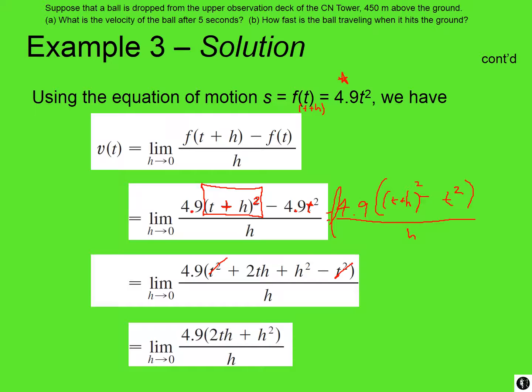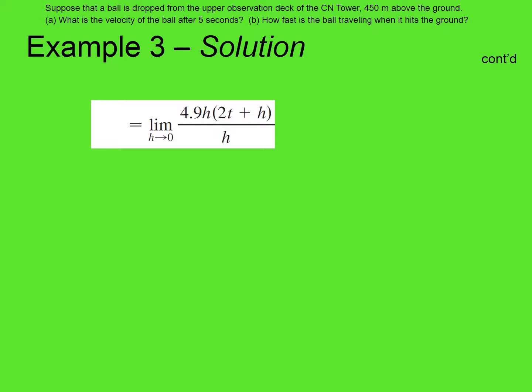So you can see how we're going to get a simple expression, and we're going to be able to take that limit as h goes to 0 to get an expression for the velocity. So factor out h, cancel, let h go to 0.